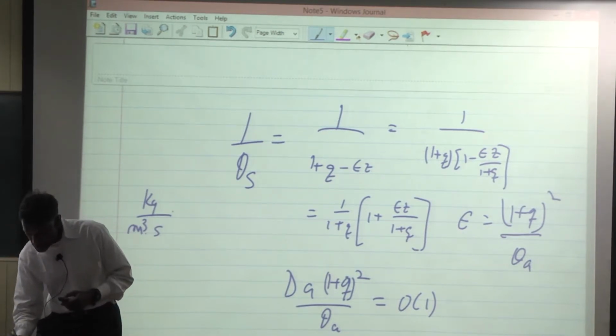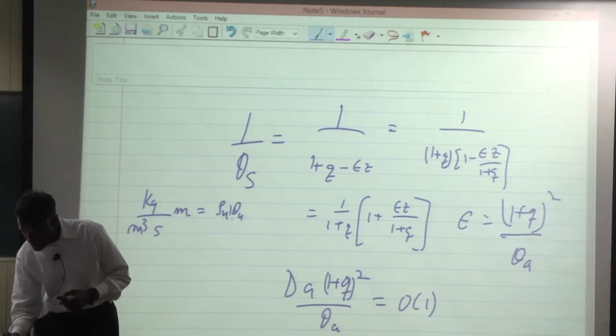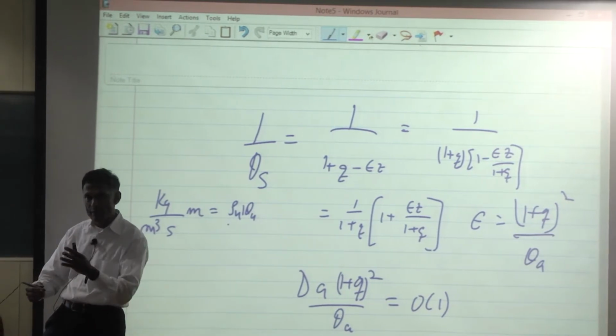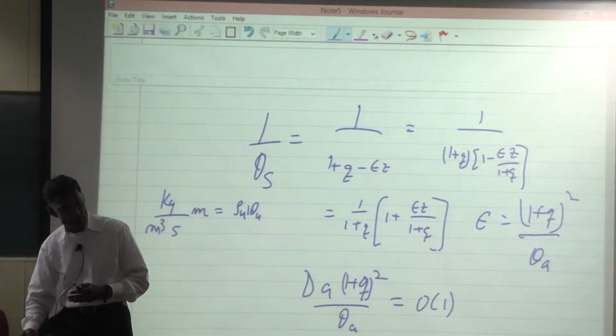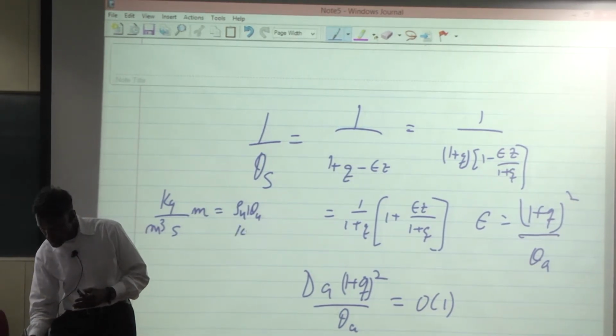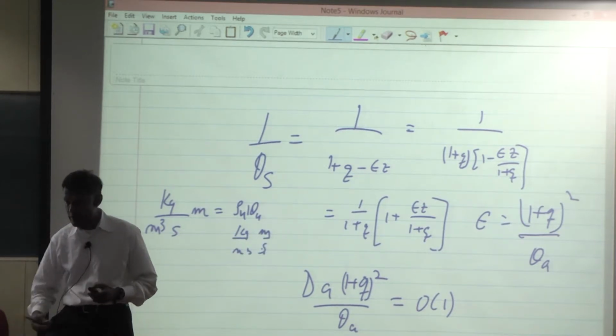Delta is the thickness, which has units of meters, and this must be equal to rho u times vu. Rho u is the density of the incoming reactants, and vu is the flame velocity. So this is kilograms per cubic meter, and this is meters per second. Therefore the units match.